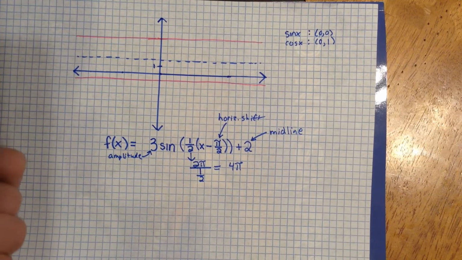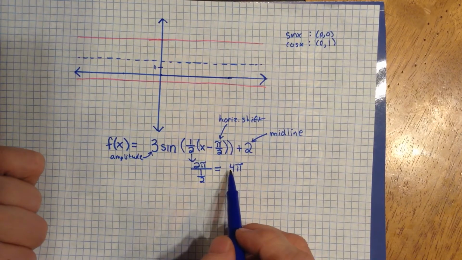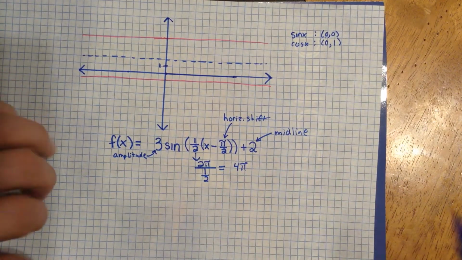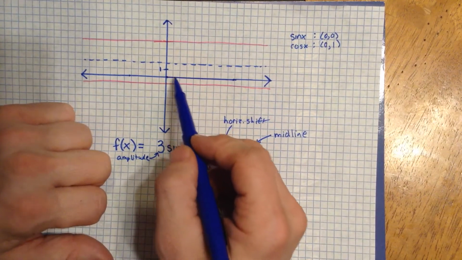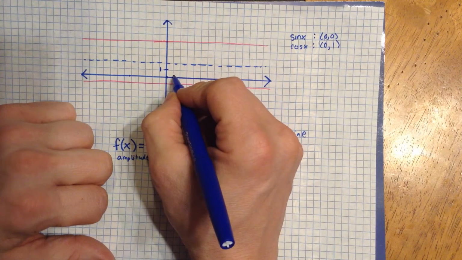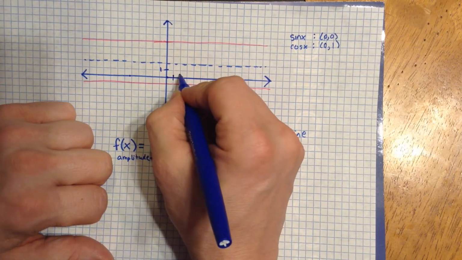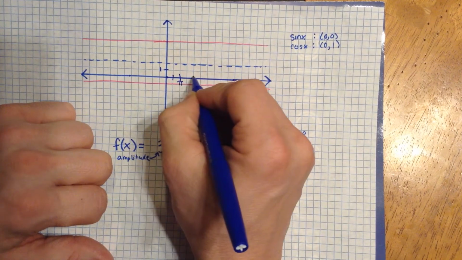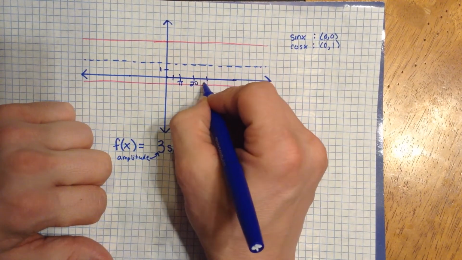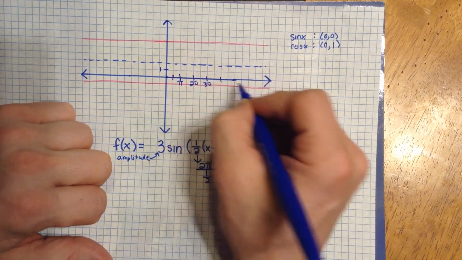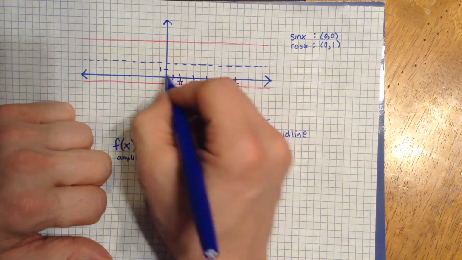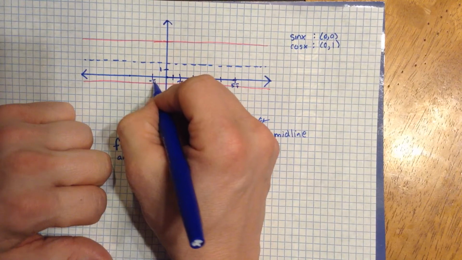Alright, so I made this a pretty big, ambitious stretch here. There are 2 ways I can do it. If I count by pi over 2's, I can probably fit just about as much of the graph as I need, so that's what I'm going to do. Every tick mark is going to be pi over 2. So there's pi, 2 pi, 3 pi, and so on and so forth. 4 pi, there's 5 pi, and to the left there's negative pi.